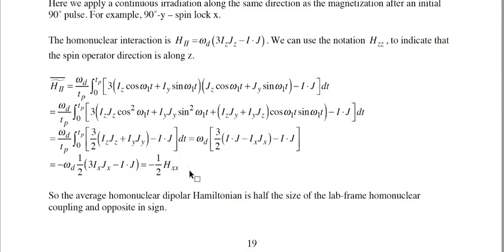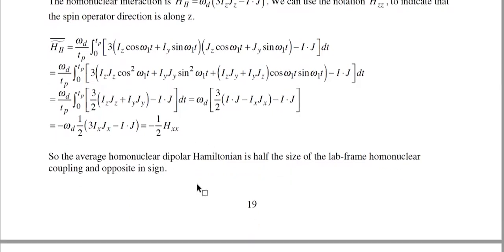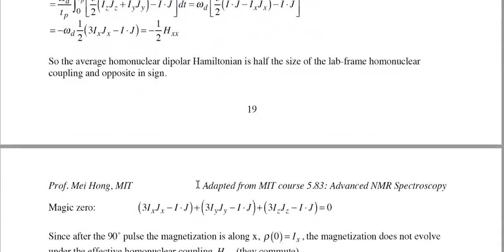I can write it this way. The average Hamiltonian has half the size of the lab frame one, it has opposite sign, and the direction of that interaction is along the spin lock. So the bottom line is homonuclear dipolar coupling does not average to zero. It doesn't vanish. It's still alive. It's just slower by a factor of 2, and it has opposite sign.